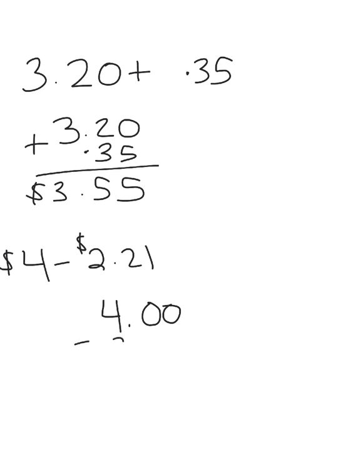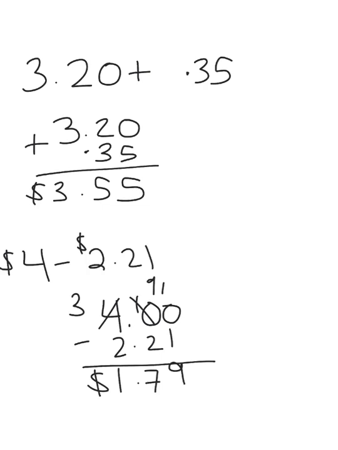Now I can subtract my $2.21. Always make sure that when you're subtracting, your biggest number is on the top. So I can't take 1 from 0 or 2 from 0, so I'm going to regroup, take 1 from my 4 and add it over in my tens place. Then I'm going to borrow from here and add it in my ones place. Now I can subtract. So I end up with $1.79.